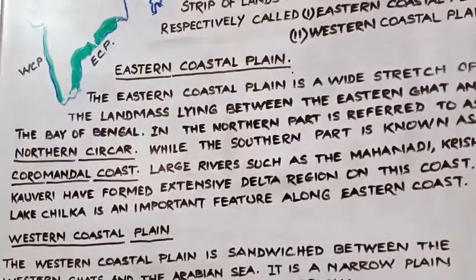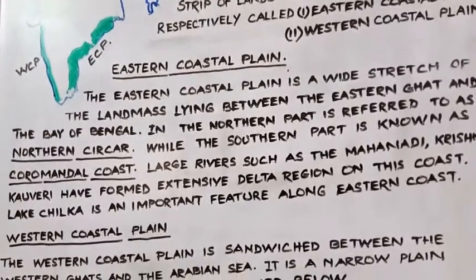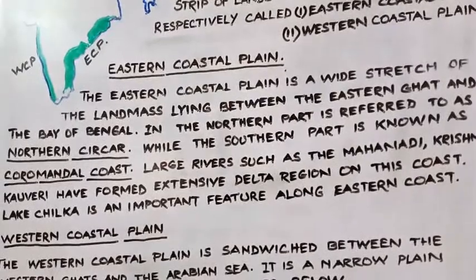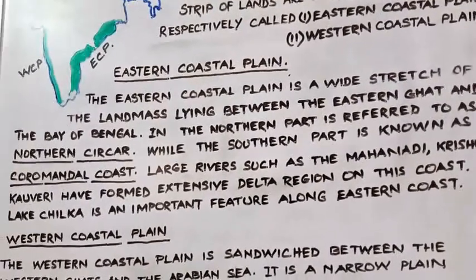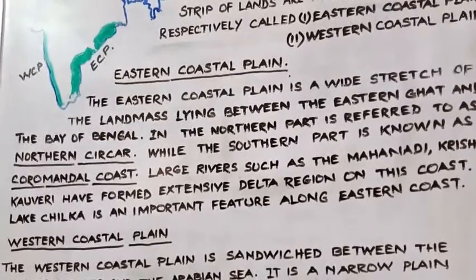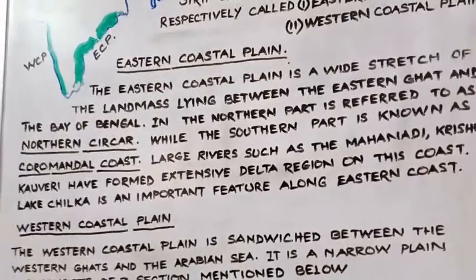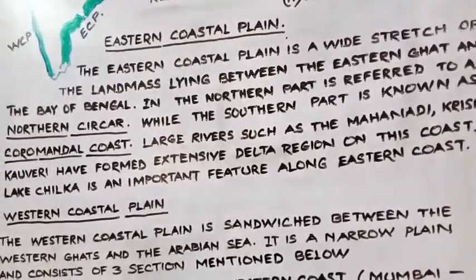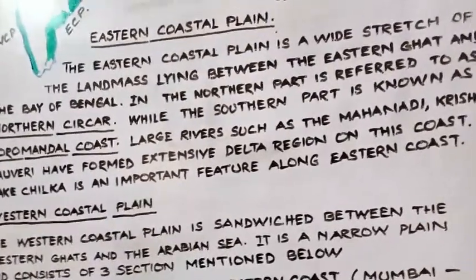Now why is it not continuous, why is it broken? Because large rivers such as Mahanadi, Krishna, Kaveri join the Bay of Bengal Sea, cutting this Ghat region and then the plain region. That's why it is discontinuous. Now, large rivers such as Mahanadi, Krishna, Kaveri, they formed huge and extensive delta region on the coast.